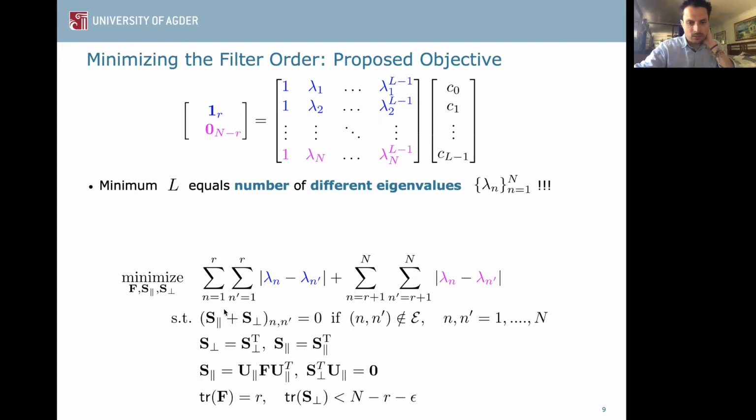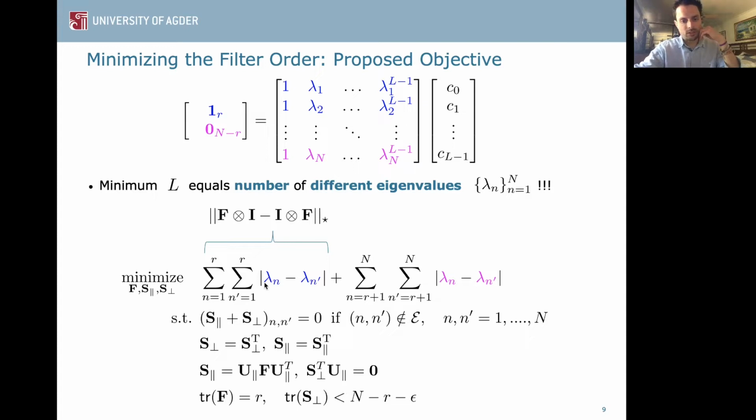And if one just collects the constraints on these matrices S parallel and S perpendicular, one would arrive at this problem. However, it is easy to see that this is not a convex problem, right? Due to the presence of these eigenvalues as optimization variables.